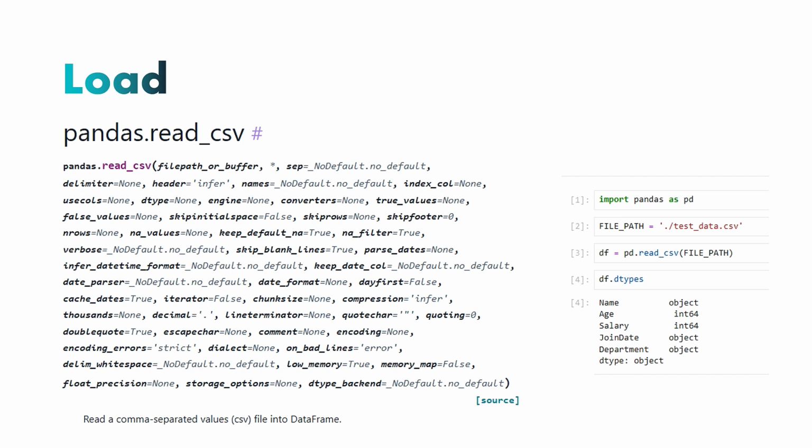In cell 4, we check the data types pandas assigned to each column in the CSV file. As we can see, name, join date, and department are all loaded as object type, whereas age and salary are loaded as integers. Next, we will see how we can load the columns in their correct formatting.